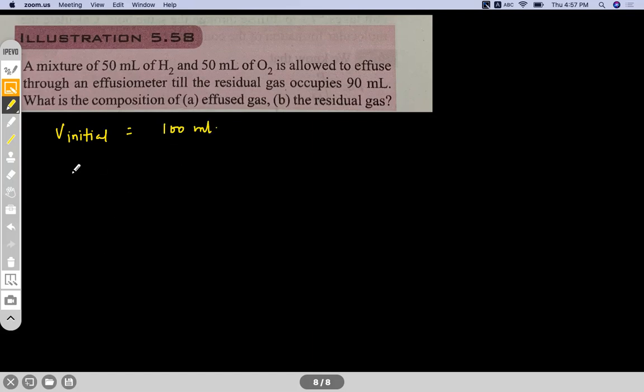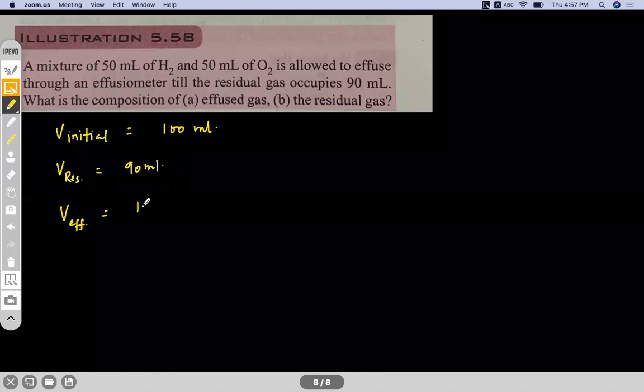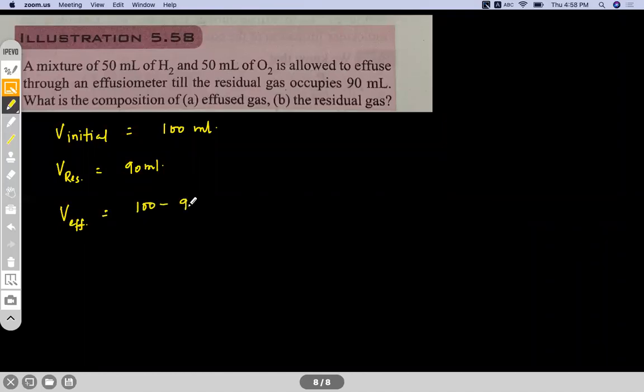Right? Residual gas means the gas which is left. So volume of the residual gas is 90 ml, given in the question. So volume of effused gas is equals to what? Initially it was 100, 90 is present now.